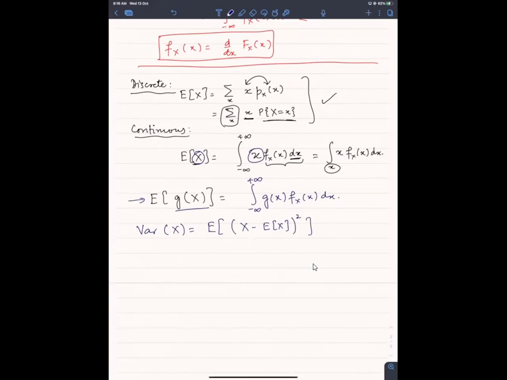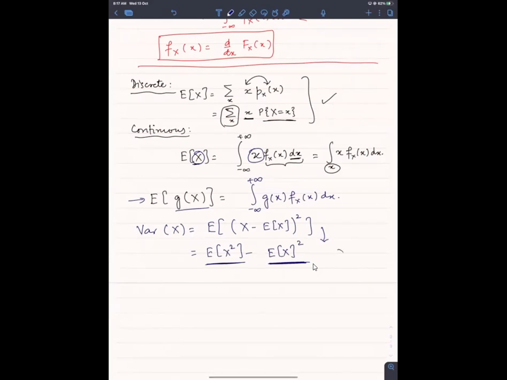And then simplifying, इसको थोड़ा open up करें, simplify करें square को खोल के, then you will be able to get expected value of x square minus expected value of x whole square. Average of the squares minus the square of the averages.